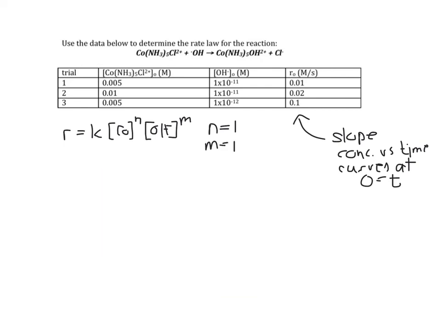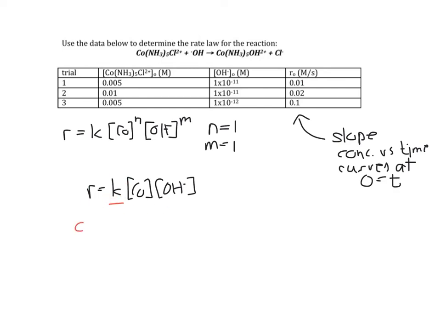So now I know that the rate law is equal to some rate constant times the cobalt amine concentration raised to the first power times the OH minus concentration also raised to the first power. So if I want to know what the value of the rate constant is, I just need to take the data from one trial, doesn't matter which one, and plug it into this equation and solve for K. So let's just take trial 1.